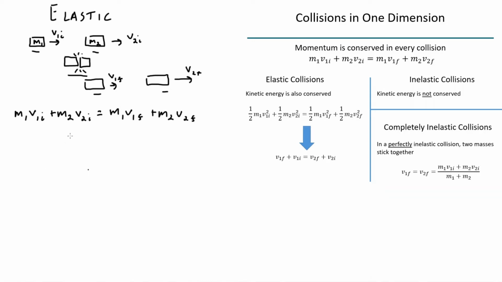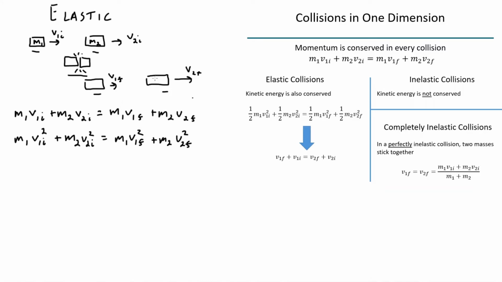And energy conservation, well, it's written on this slide. I'm going to just get rid of all those 1/2s. The 1/2 and the 1/2 mv squared just cancels out. So I can write this as M1 V1 initial squared plus M2 V2 initial squared equals M1 V1 final squared plus M2 V2 final squared.